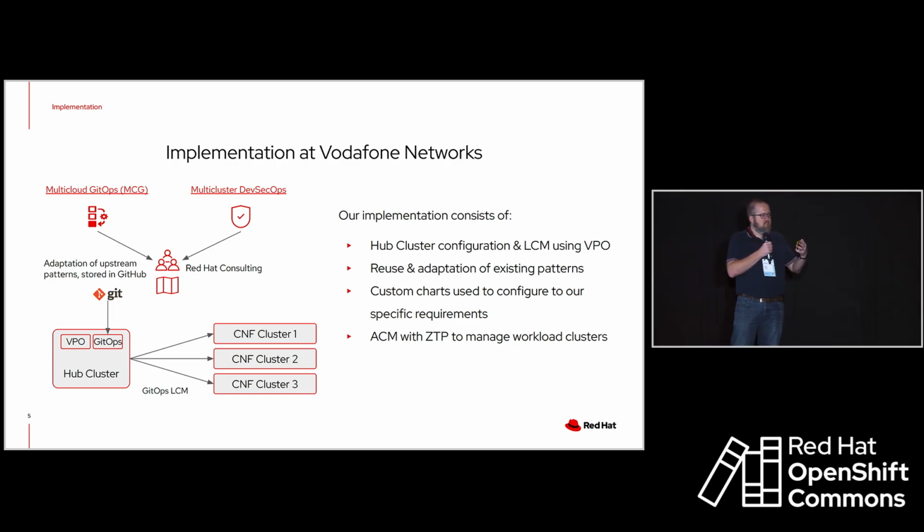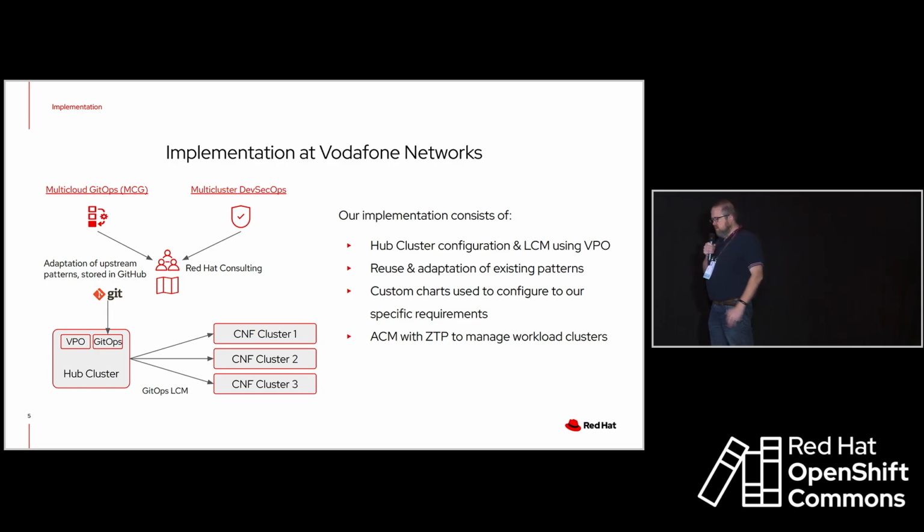It's then ready straight away to use the advanced cluster management tool and zero-touch provisioning artifacts to build and manage many workload clusters. They're running CNFs, which are cloud-native network functions, the applications actually providing the 5G functionality.